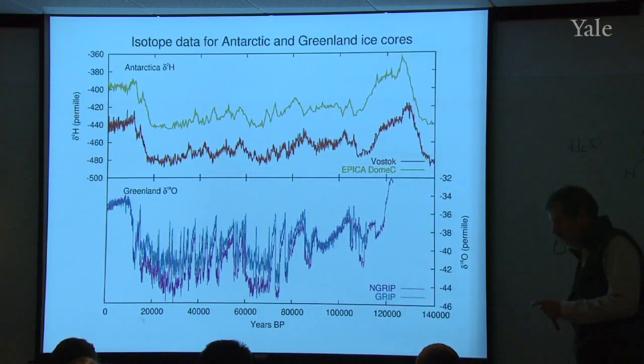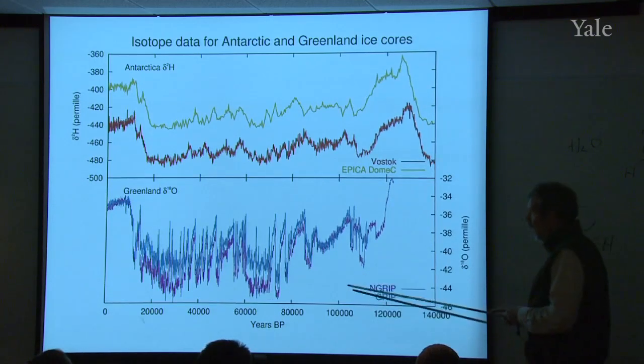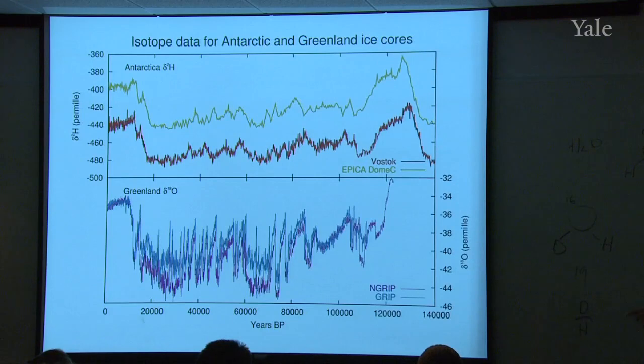So although it's a local measurement, it seems to be global in character. And this is a characteristic then of global climate, even though it's a local temperature record. Questions on this? I still find this astounding that these different ice cores from different hemispheres give such similar records.